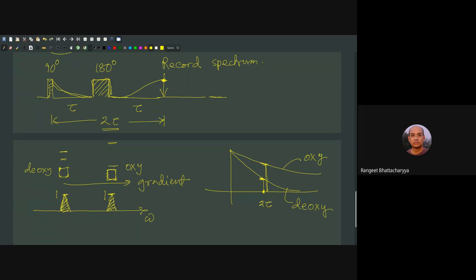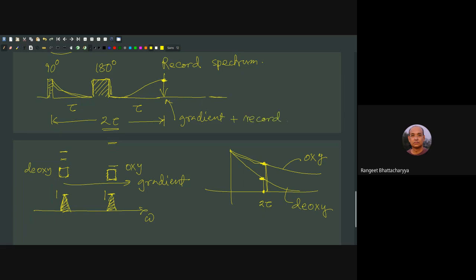So after some time, 2 tau, we will have less signal, and oxygenated blood will have more signal. And now we are recording the image. At this point, we apply our gradient and record.